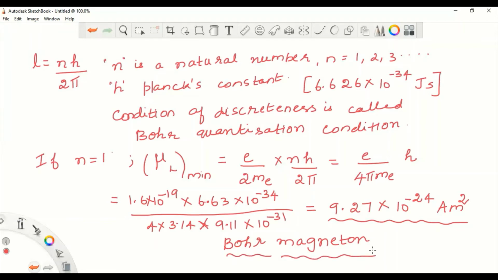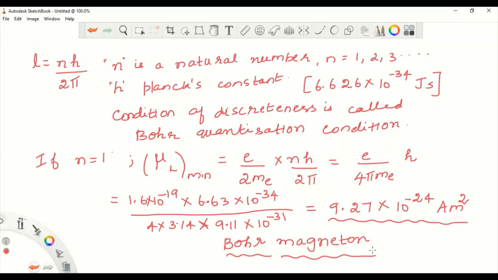We did two things here: one is the gyromagnetic ratio and the other is this one. This is very, very important, children. We have learnt about the orbital magnetic moment, mu L, where L is the magnitude of angular momentum. Besides the orbital moment, the electron has an intrinsic magnetic moment, the spin magnetic moment.